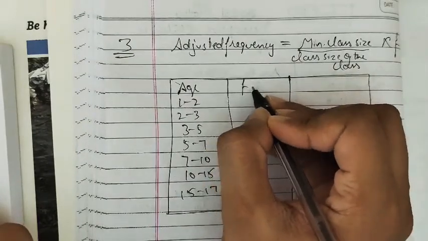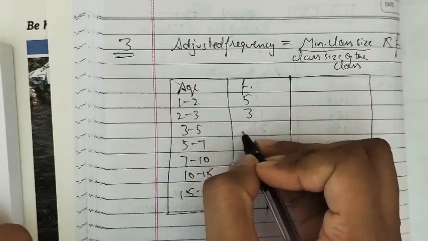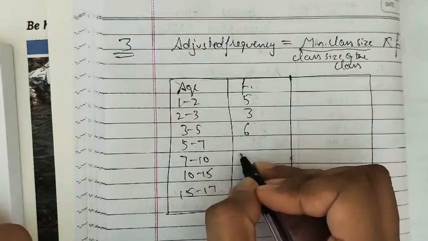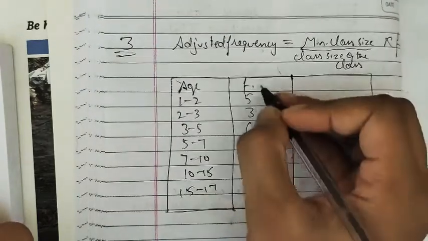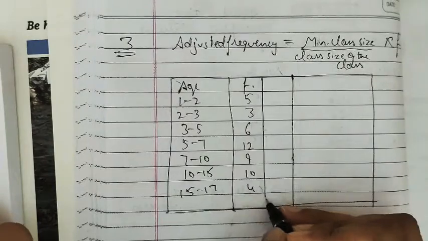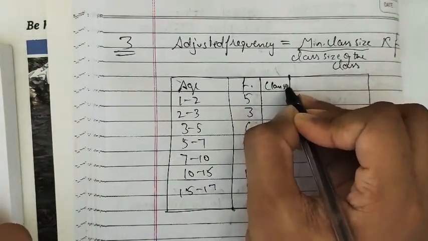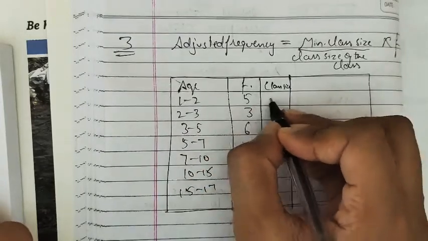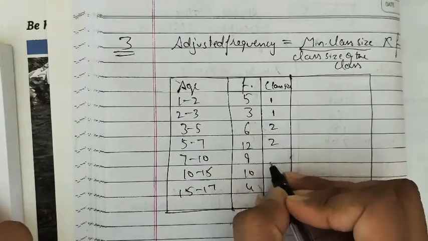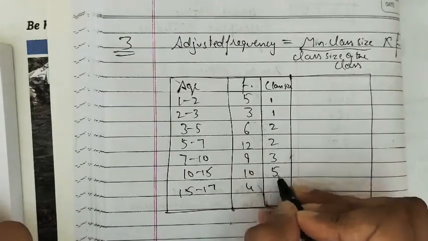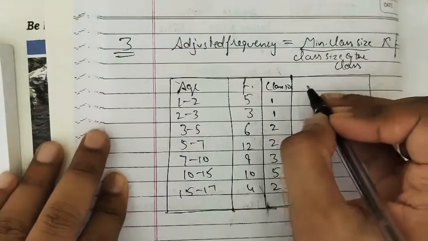Now frequency is 5, 3, 6, 12, 9, 10, 4. Let's make one more column of class size. So 2 minus 1 is 1, 3 minus 2 is 1, 5 minus 3 is 2, 2, 3, 5, and this 2, right? So adjusted frequency.